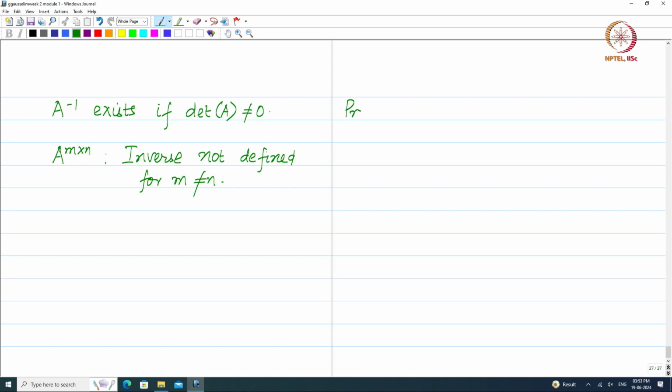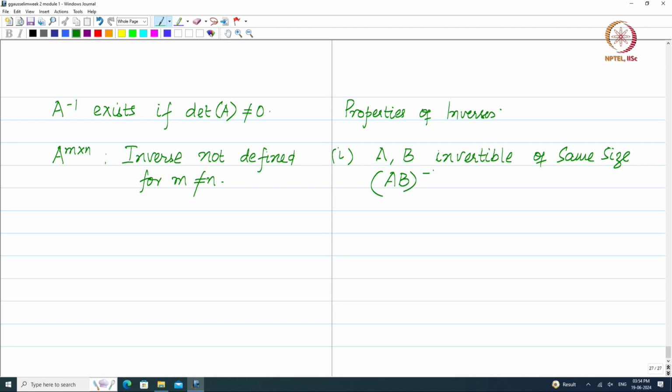Properties of inverses. For any two invertible matrices A and B of the same size, the inverse of the product is equal to the product of inverses in the reverse order. Let us prove it.